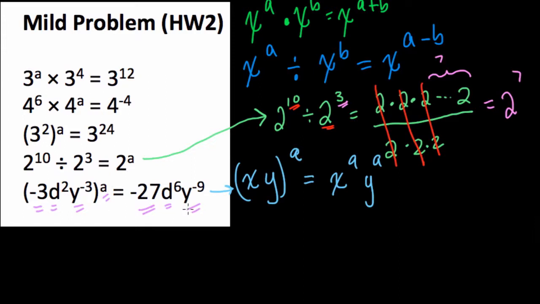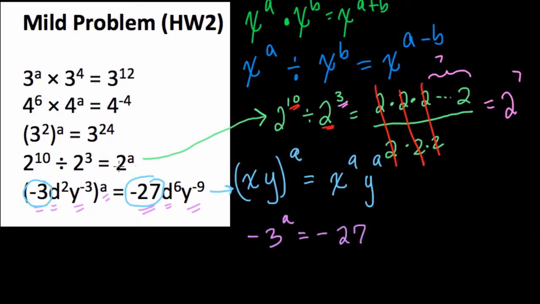Well, my key in solving this problem is looking at the coefficients. It just helps me out. We have negative 3 and negative 27. So I think to myself, well, if I have negative 3, what power do I have to raise it to? We're trying to find the a power to get a negative 27.